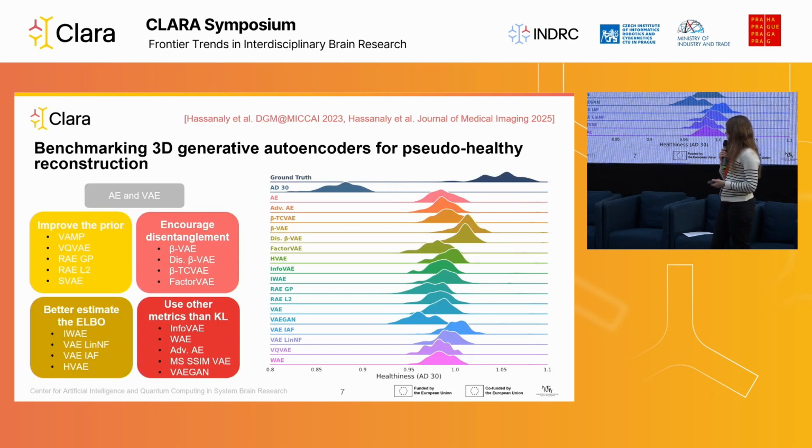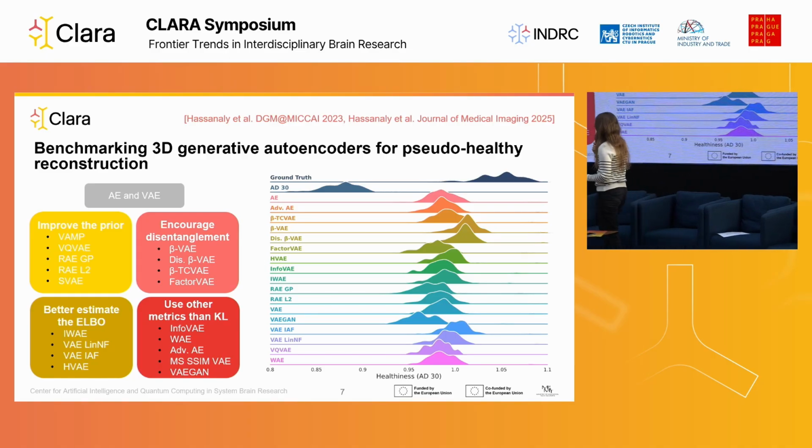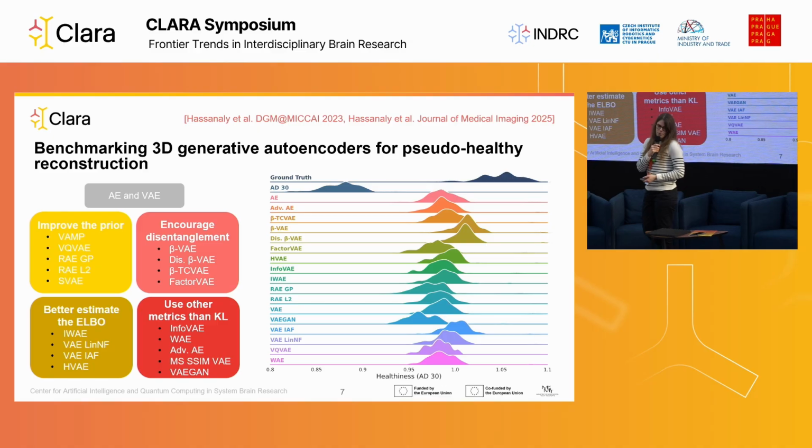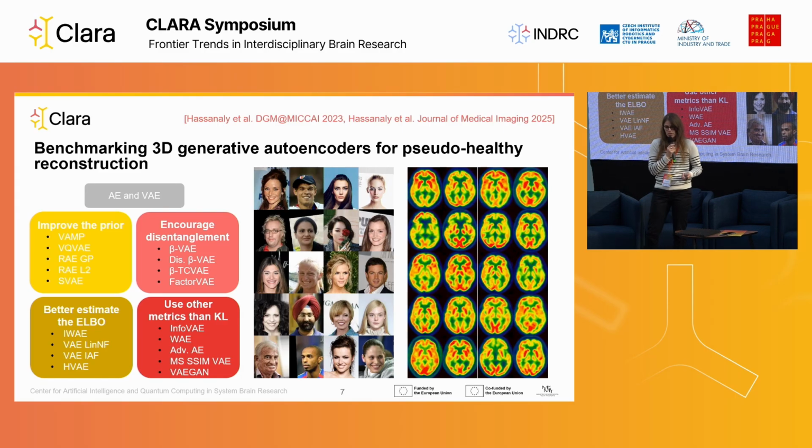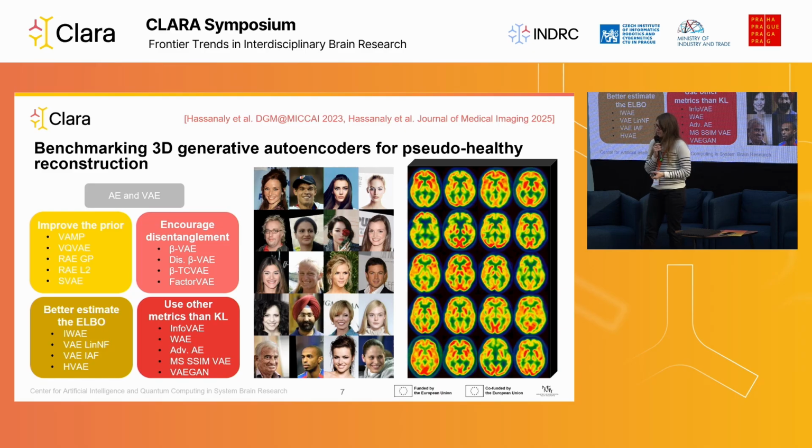So we use this framework to compare a really large number of variants of the variational autoencoders. Until then, this had only been done in computer vision in general, but not for medical images that are usually 3D. And here we aim to detect anomalies that are quite subtle and diffuse.